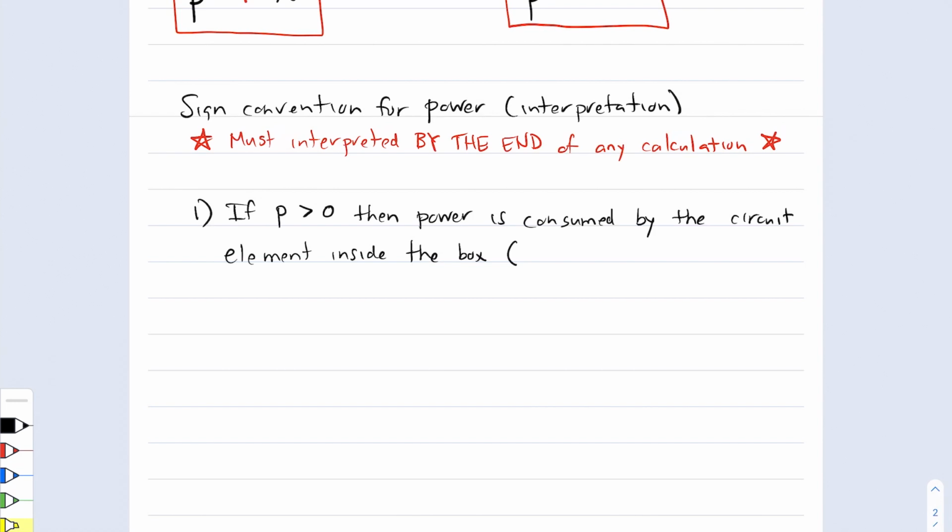In the nomenclature of electrical engineering, this is what we refer to as a load. The second case is if by the end of the calculation, the power happens to be negative, then the power is generated by the circuit element inside the box.